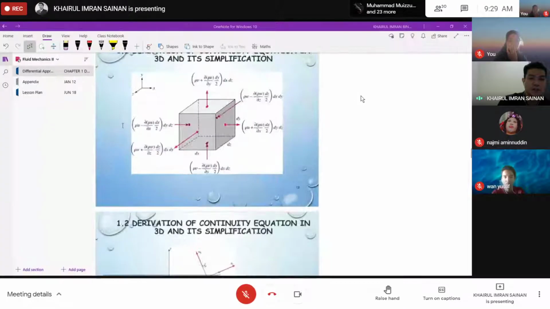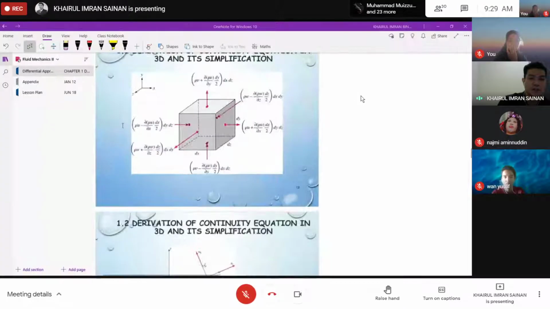Okay. Any question? If you found 0 equals 0, then the flow is possible. Then the flow is sensical. If not, the flow is impossible, meaning something is wrong with the governing equation. I mean, the component equation. Something is wrong.